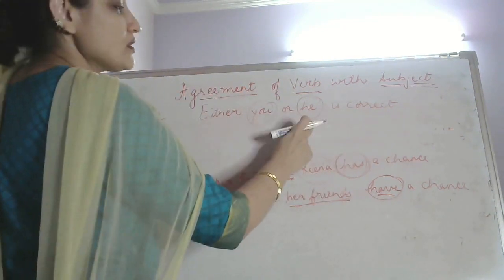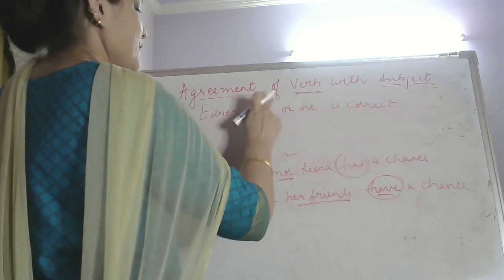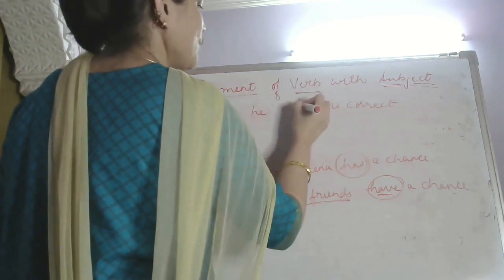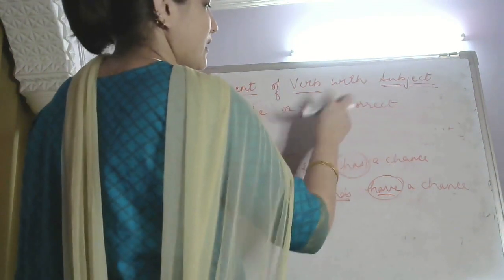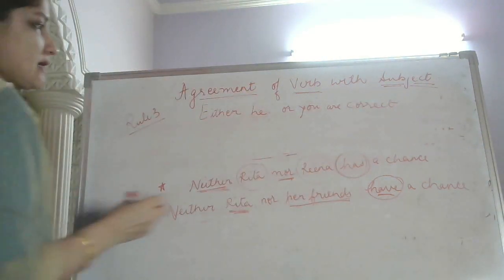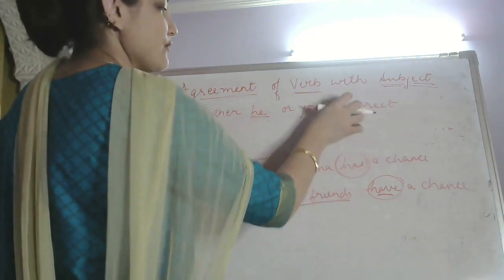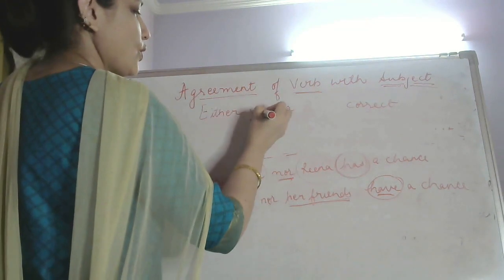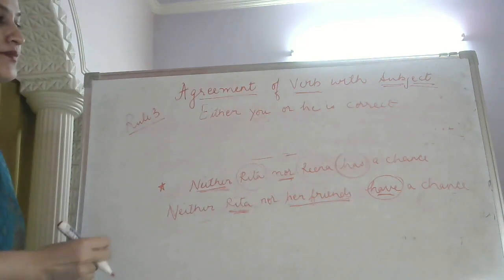If you was here, if I change the places, either he or you, then it will be either he or you are correct. This is what you need to understand. So whichever is closer, that one you have to write here. So either you or he is correct. Right?